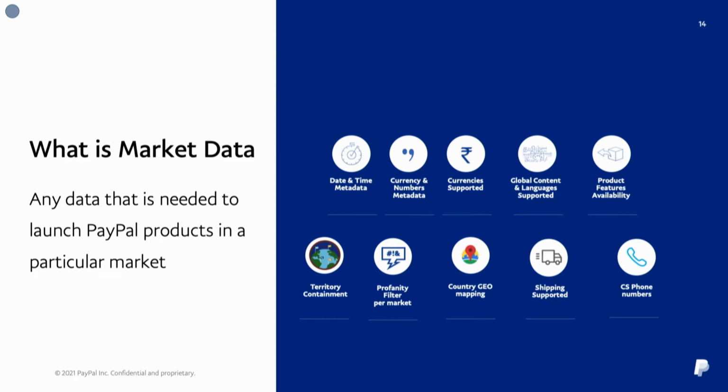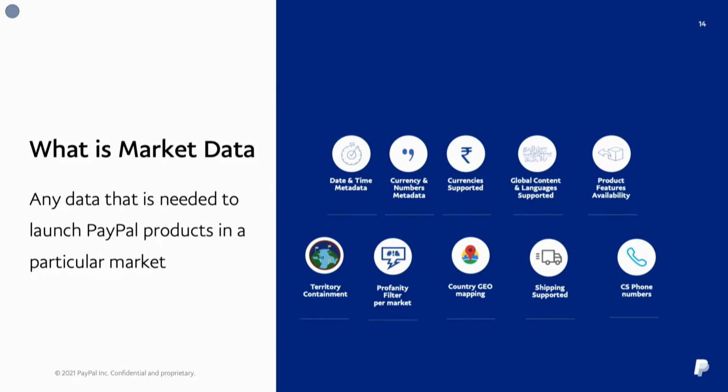And then there is shipping: whether shipping is supported in a country or not by PayPal. That's regionally dependent data. Customer support phone numbers are another example. Since we took control of the content, we have seen there are so many places where the customer support numbers were hard-coded in the content. By externalizing that and providing a service to get the right customer support phone numbers, it's pretty scalable.